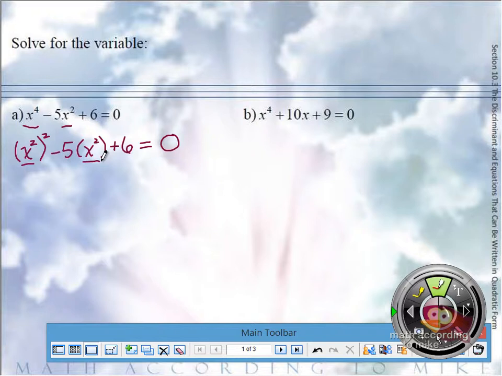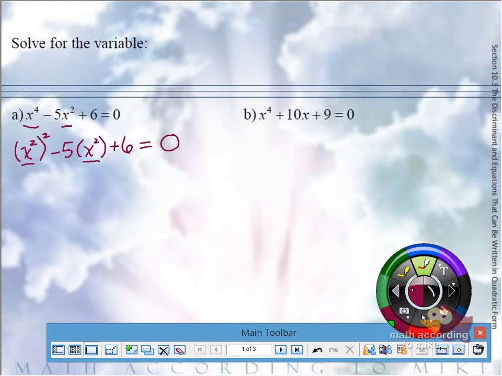The process is to pick a letter, any letter, except for that letter that's given. So pick a letter that's different than x. A it is. Whatever is being repeated, call it that new letter. A is now going to be called x squared.